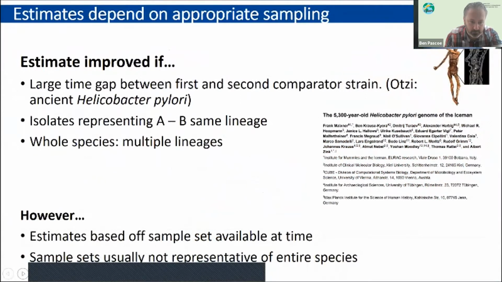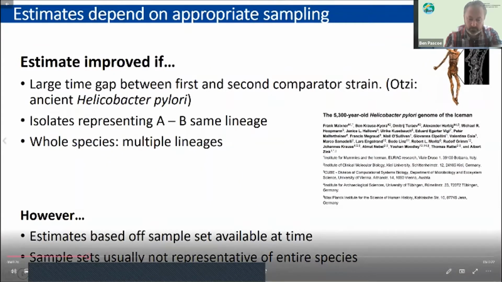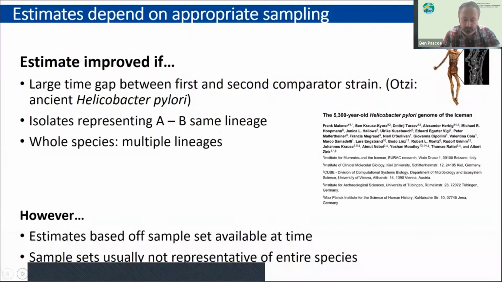However, good rate estimates depend on a good sample set. Estimates can be improved by a large time difference between comparative strains over which to calibrate a mutation rate in the first place, lots of isolates belonging to the same lineage, and also enough sampling of lineages that represent a whole species.